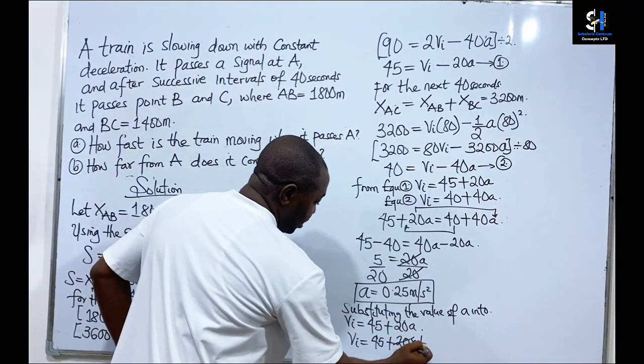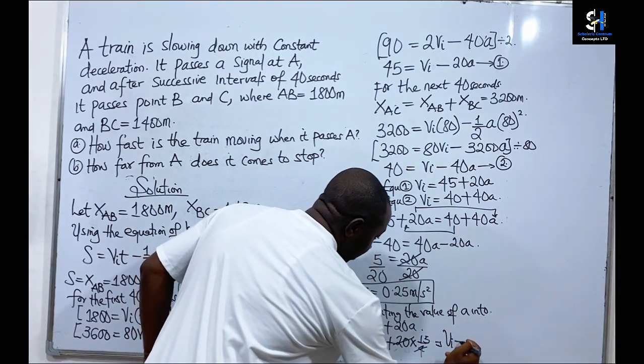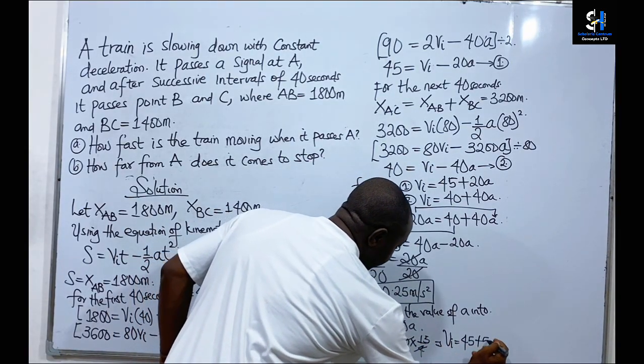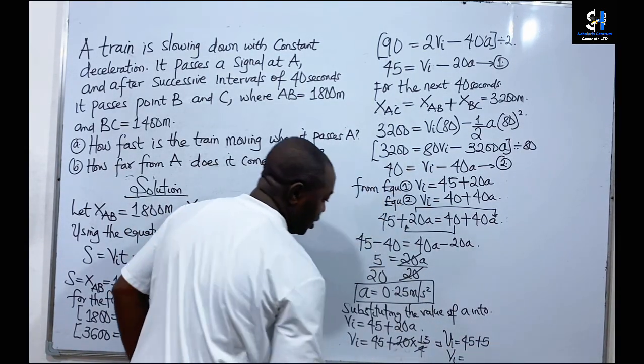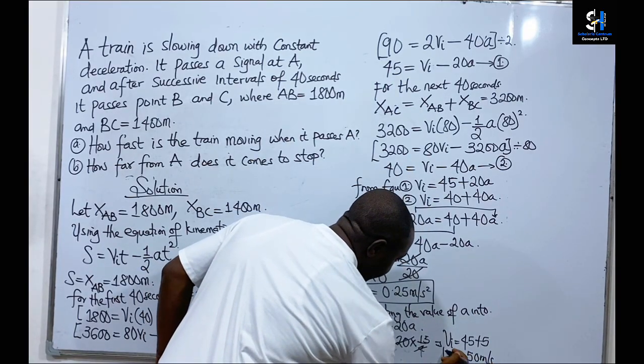So 20 divided by 4 is 5. So this will be Vi equals 45 plus 5. So the initial speed or velocity will be 50 meters per second.